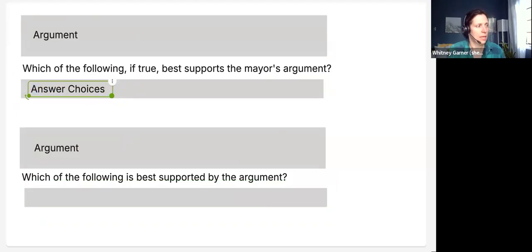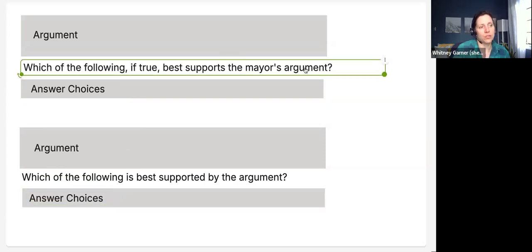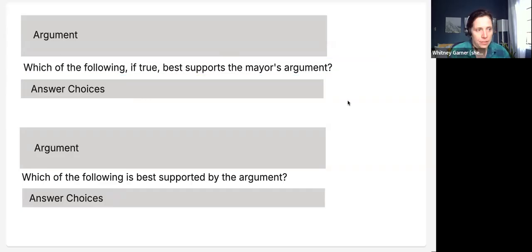In the first example, it's saying, which of the following, if true, best supports the mayor's argument. Where is the mayor's argument, do you think? Do you think it's down in the answer choices, or do you think it's up here? So where would the mayor's argument potentially be?